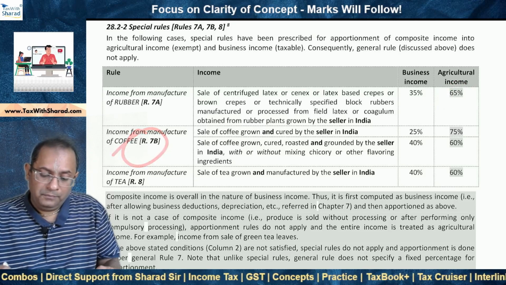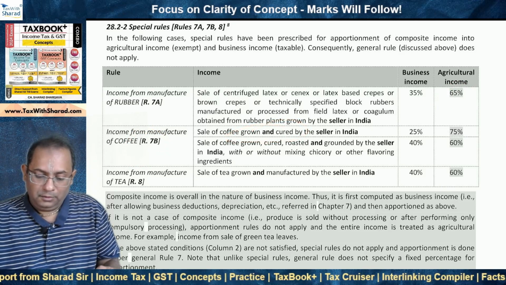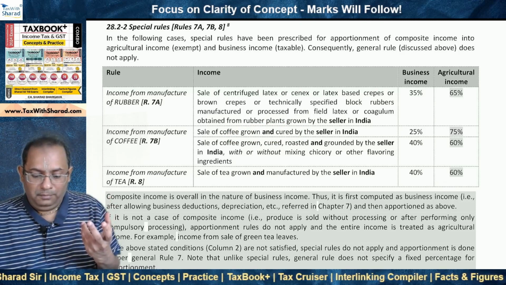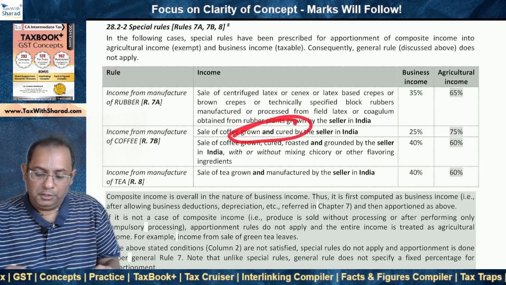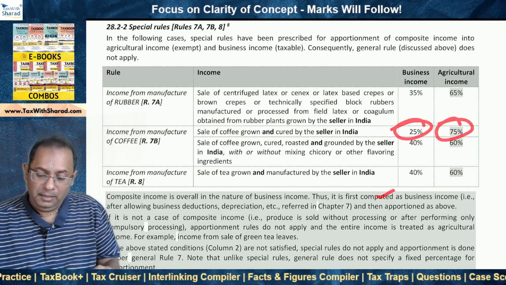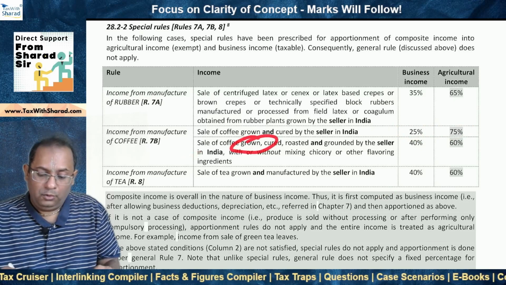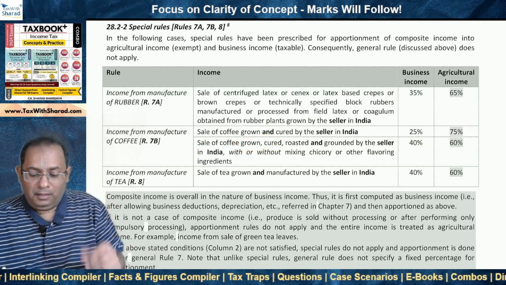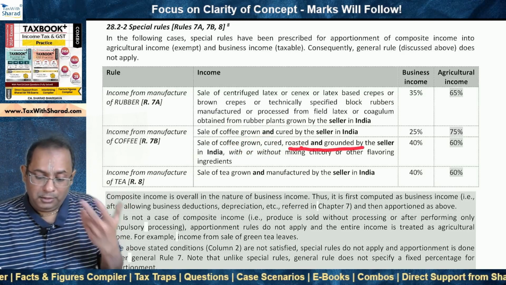Similarly, for coffee, sale of coffee grown and cured by the seller in India. So it's not merely the raw produce which is being sold, but coffee which is grown and cured. 25% will be taxable and 75% will be exempt. Now, in the second case, it is not merely grown and cured, but some further processing is being done, which is roasted and ground as well.